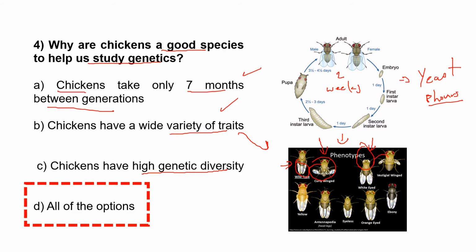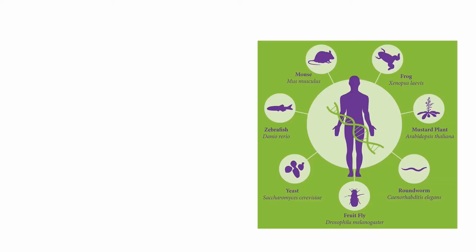And we can also have other colorations in the wings, in the body. Again, here you can produce orange eyes, and there is a huge amount of variations and mutations that are very important to study genetics. So this is why both fruit flies and also in this case chickens are good systems to study genetics.